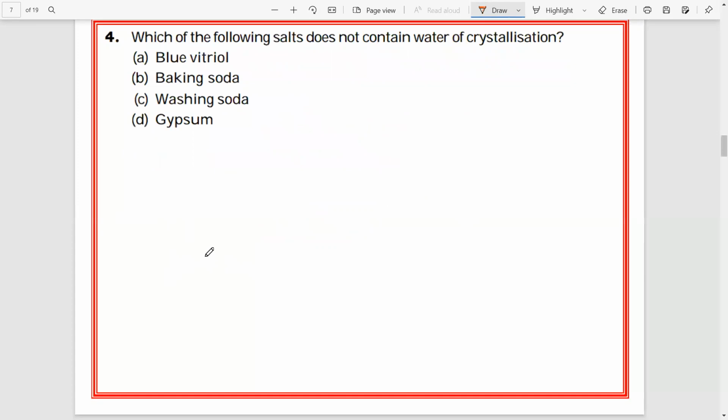Next, which of the following salts does not contain water of crystallization? What is meant by water of crystallization? Whatever salt you take, that salt will have some amount of water in it, but we will not represent it. For example, copper sulfate, here they have mentioned blue vitriol.